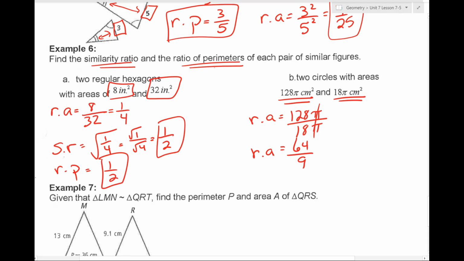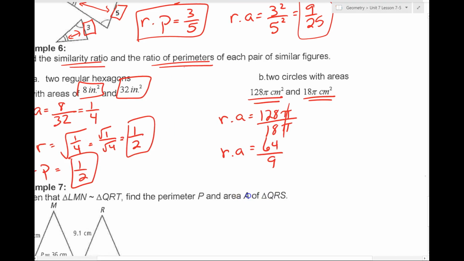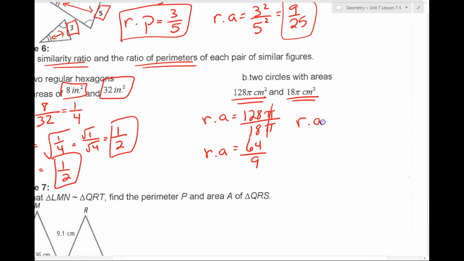Now, again, that's not my final end result I'm looking for. I'm looking for the similarity ratio and the ratio of perimeter. So I take my ratio of area, and remember, I take the square root. Oh, excuse me, I just said that completely opposite of what I meant to, so let's fix this.